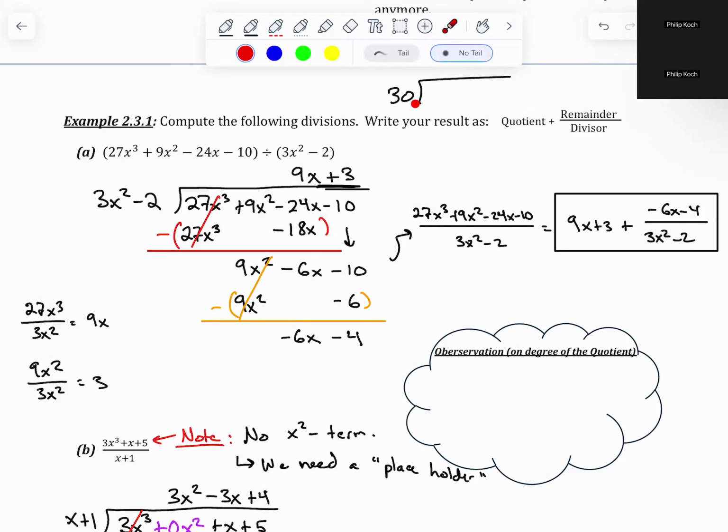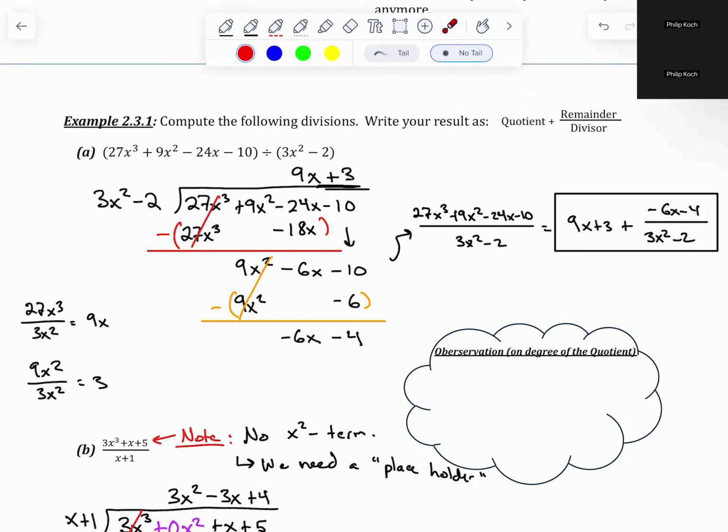The 0 does play a role, but it's more specifically looking at the 3. That's the bigger thing to do. The other stuff does play a role, but not nearly as much as the 30 does. Is that cool? So in practice, always use the leading term to figure out what this number is going to be.